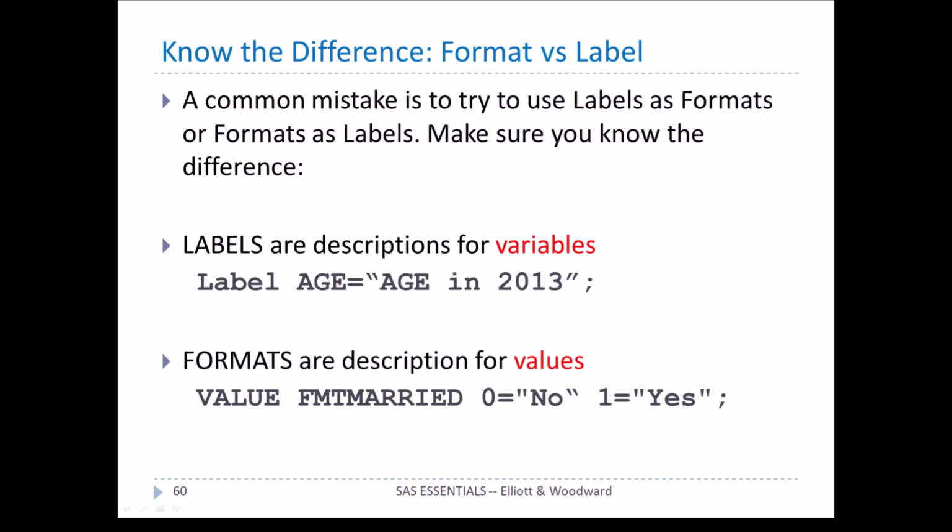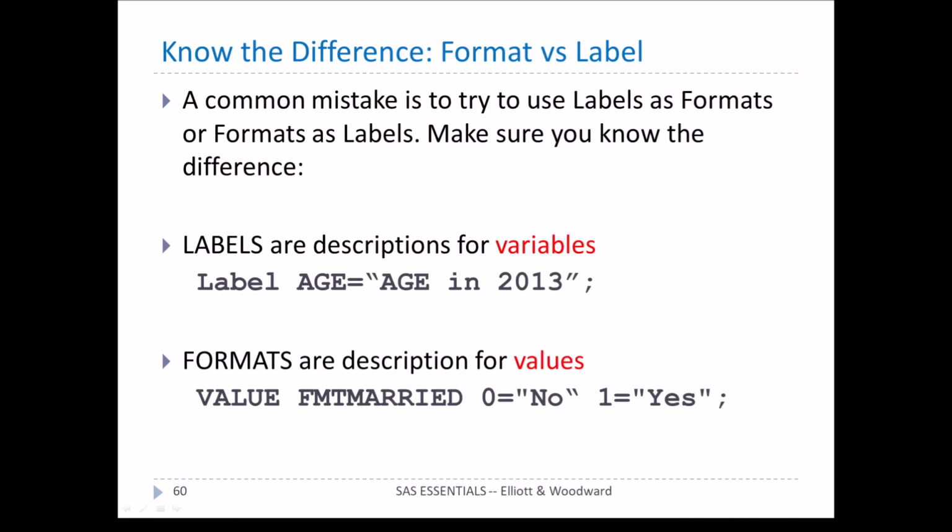Okay, at this point, let's briefly talk about the difference between a format and a label, because I see people making this error quite a bit as they're beginning to use SAS. A label is a description for variables. So label age equal age in 2013, for instance, gives a label to the variable called age. And so in my report, a column name may be age in 2013.